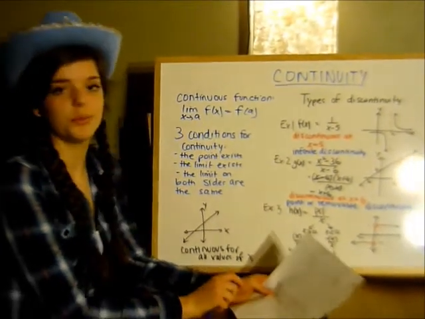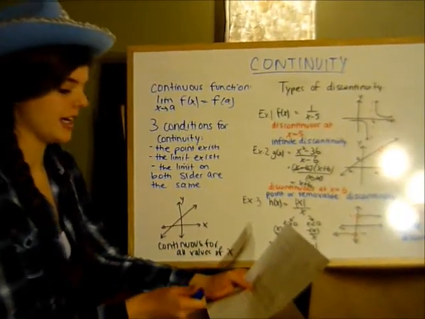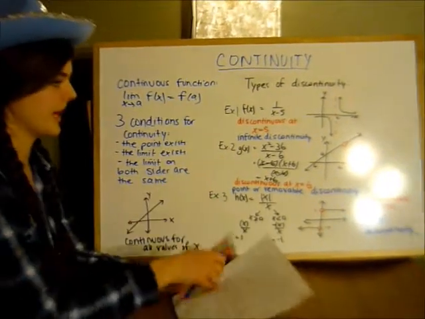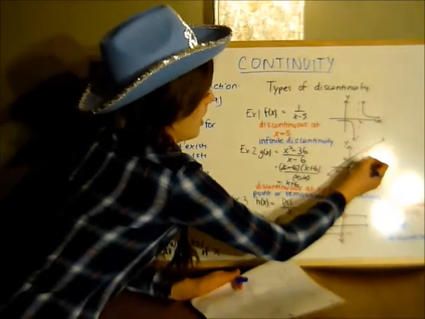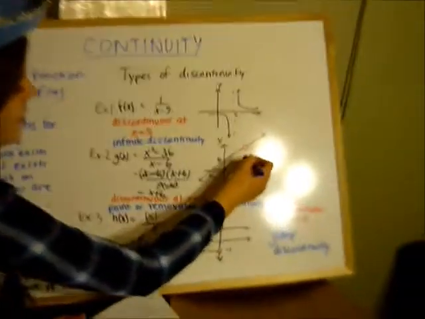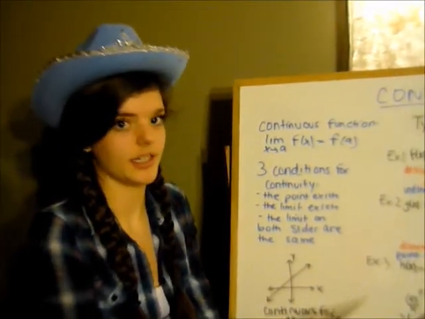A thing to know about a point or removable discontinuity is that it can be removed by redefining the function at that specific point that has the hole. For this example, at 6, if there's a hole, you can just redefine that point by adding a point there. That means it can be repaired by filling in a single point.